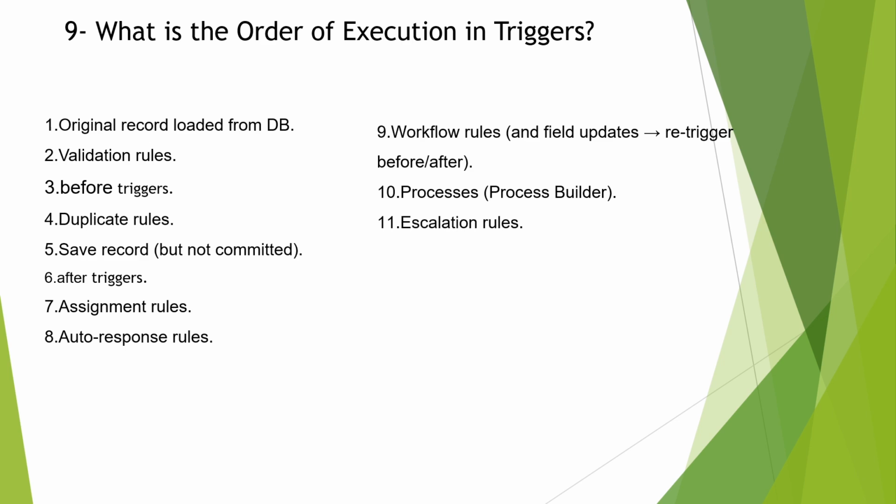Then process, it will check the process builder. Then escalation rule. Then roll up summary, if any roll up summary is already defined related to this record, it will check that. And criteria based sharing, it will check the criteria based sharing. Like if it is shared with anyone, what criteria are set, and is it meeting those criteria or not?